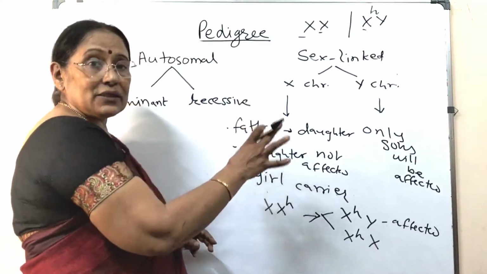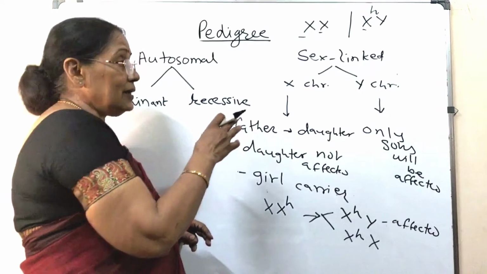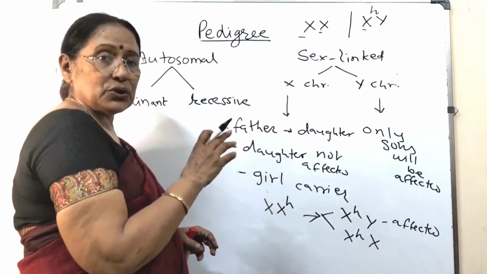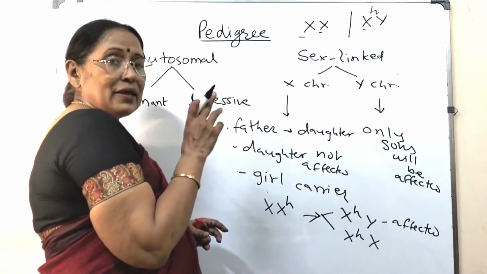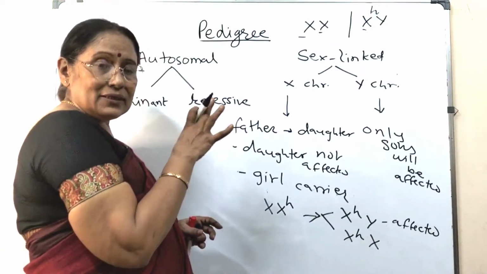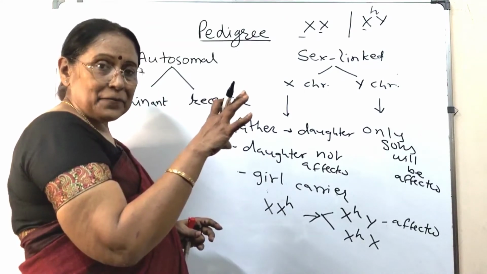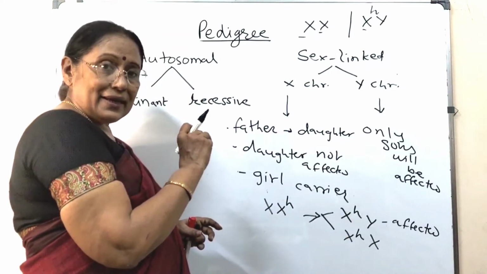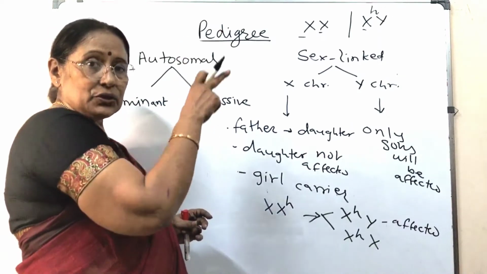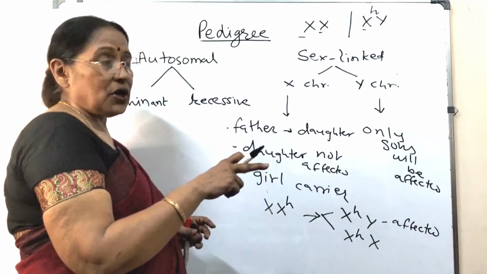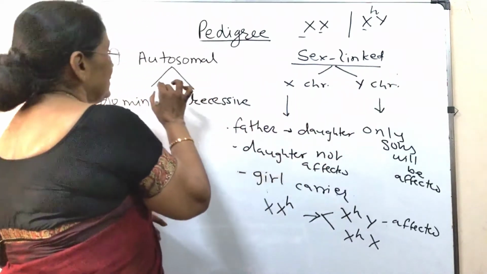This is called criss-cross inheritance, sex-linked inheritance. This in the X chromosome shows criss-cross inheritance. Means the mother is not affected, the father is affected, the daughter is a carrier and the daughter's son is affected. So this is a criss-cross pattern shown by sex-linked inheritance.